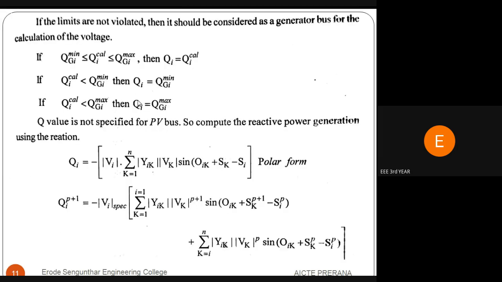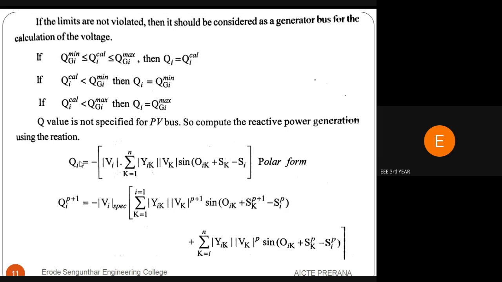That is, if Q_Gi minimum is less than or equal to Q_i calculated less than or equal to Q_i maximum, then we take Q_i equal to Q_i calculated. If Q_i calculated is less than Q_G minimum, then we take Q_i as Q_G minimum. If Q_i calculated is greater than Q_G maximum, then Q_i is taken as Q_G maximum. This is the condition for Q. So the Q value is not specified for PV buses.